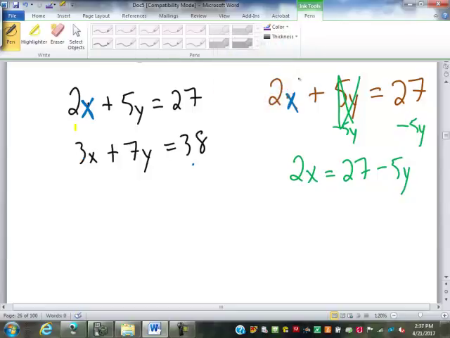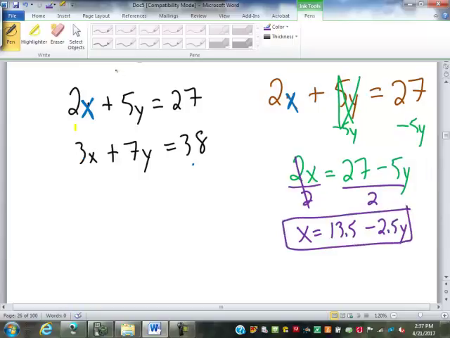What do I have to do next? Divide by 2. So x equals 27 divided by 2 is 13.5. Negative 5y divided by 2. Well, normally I'd make this negative 5 over 2, but since I'm going to put it into another equation, I'm going to make that a negative 2.5y.